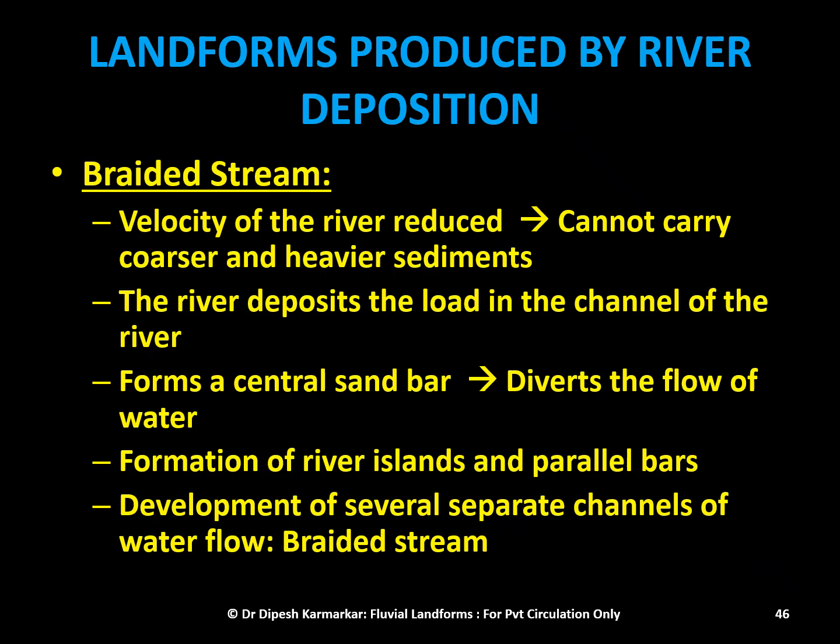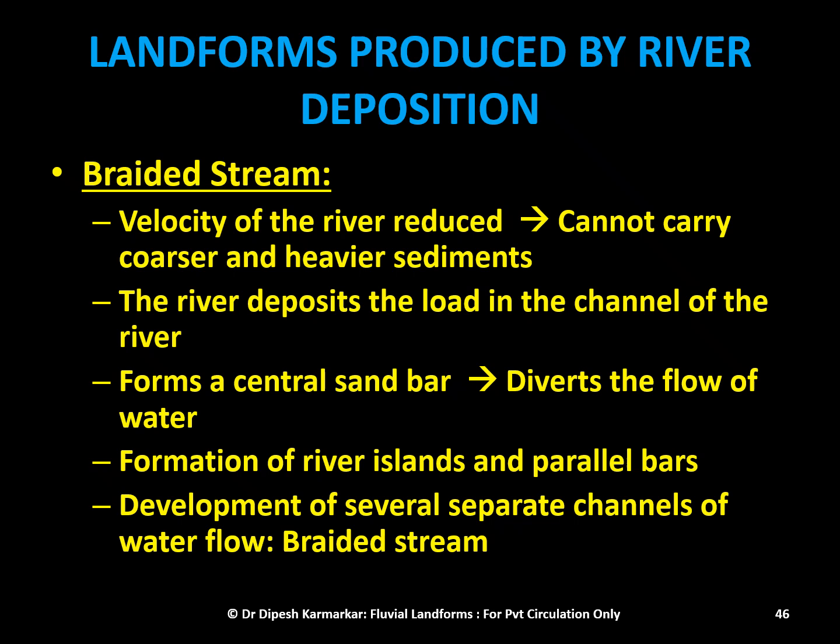Now, braided streams. When the river's velocity is reduced, it can no longer carry its coarser, heavier sediments and deposits them within its own channel. This process occurs especially when the river is in its very lower course and usually runs over a flatter surface.